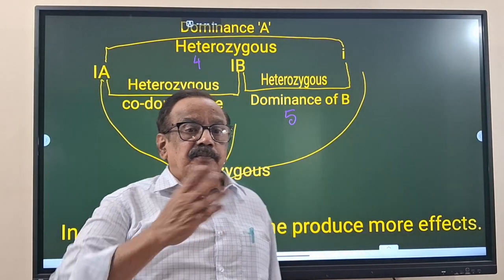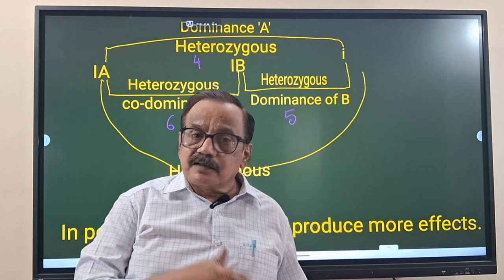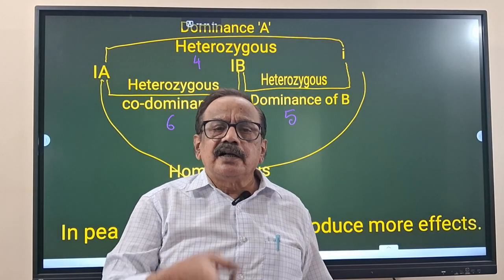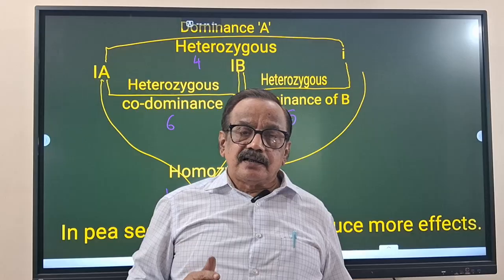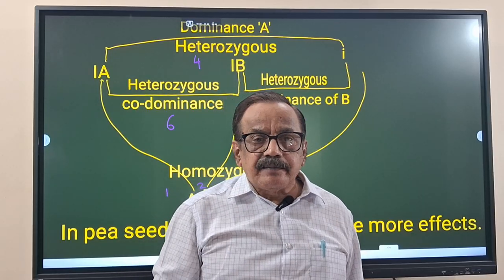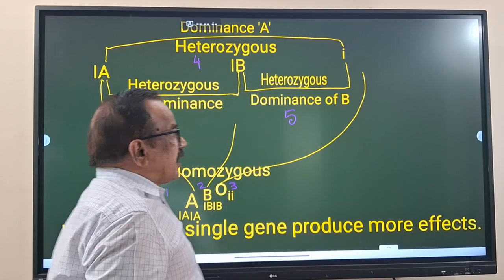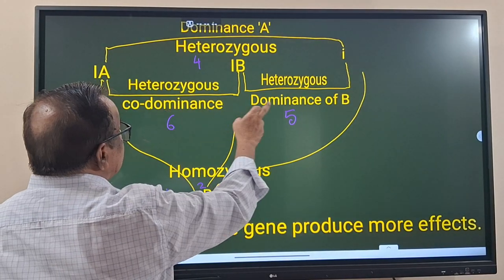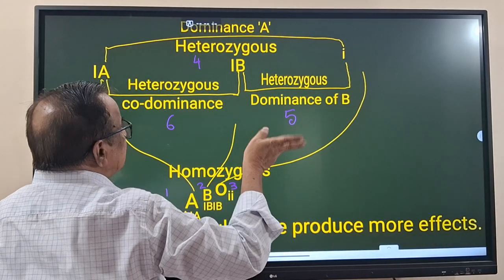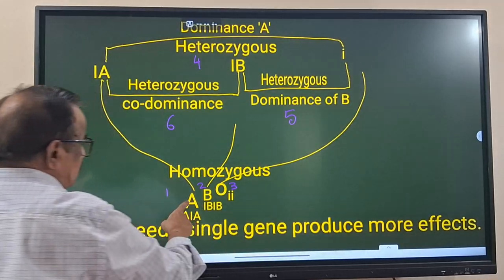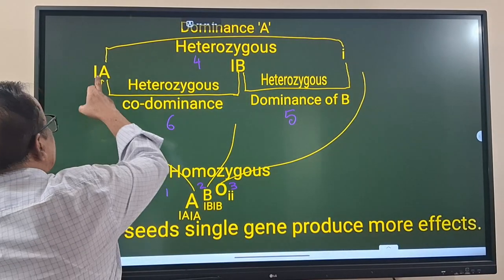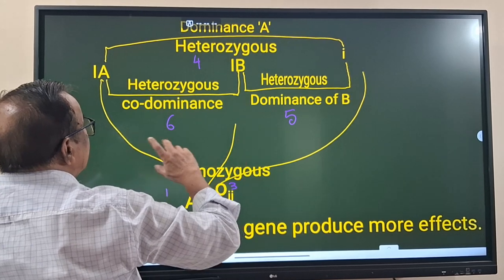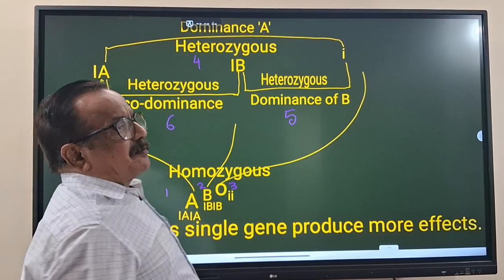In the diagram in the textbook, he has given 7, with 2 being AB, so they counted 5. But whenever you are looking at the phenotype, how many? Phenotype is different. If you remove one, the phenotype comes: A phenotype will come, B phenotype will come, O will be there. So totally the phenotypes also come.